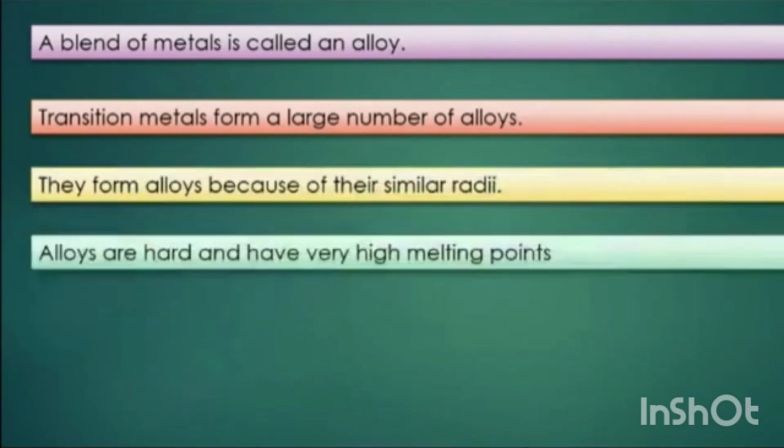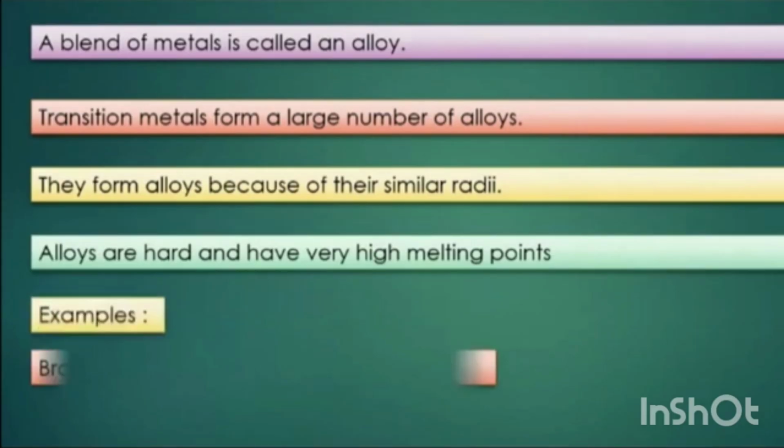When we discussed lanthanide contraction, we studied that the atomic radii of second and third transition series elements are virtually the same. Because of the property of having similar radii, it is possible to produce alloys from them. Alloys formed by this process are very hard and have very high melting points.